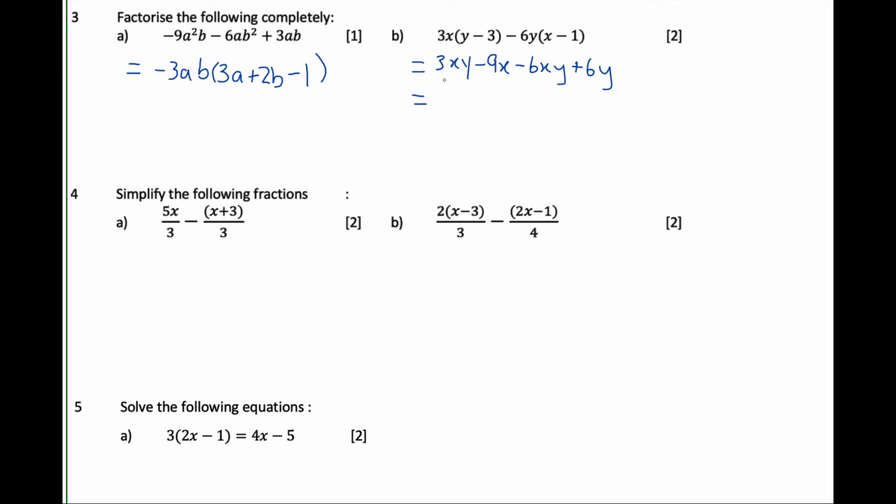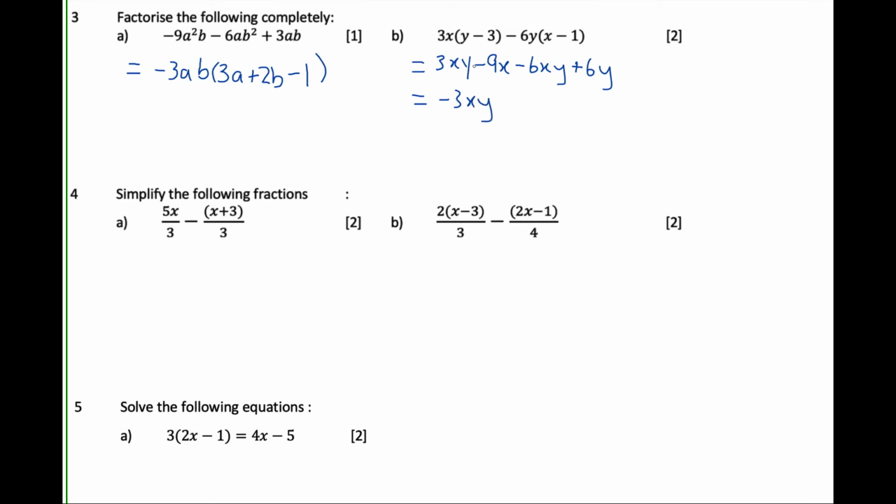And the common term, we have 3xy and minus 6xy to give us negative 3xy.